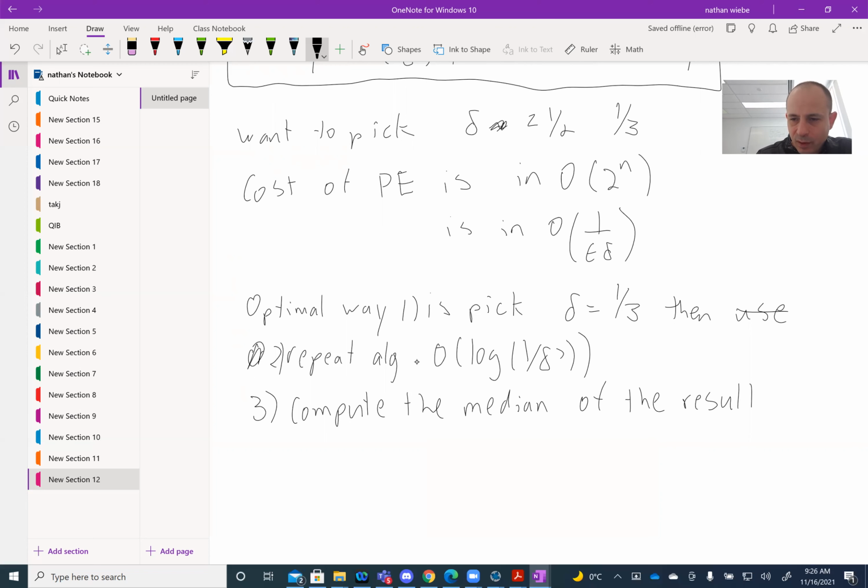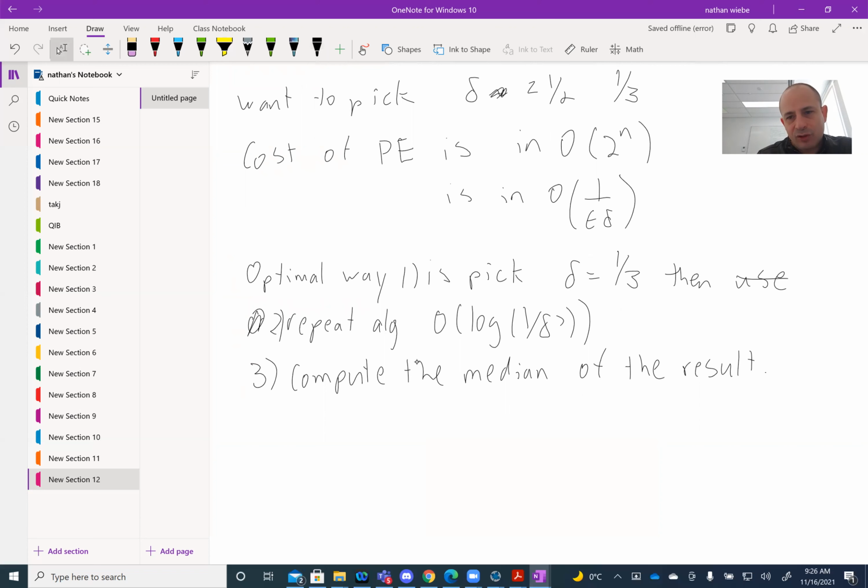result. Now, for the erroneous cases to dominate the median, we would need to have a number of failures, let's call this capital K, greater than K over 2.